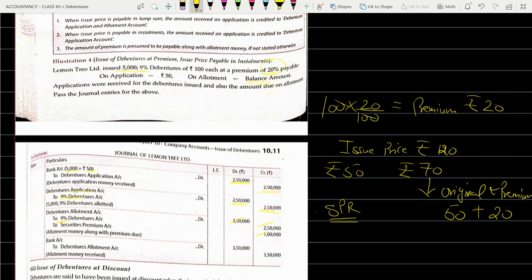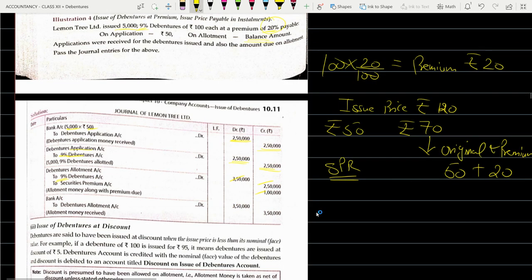Now you apply it on the number of debentures issued by the company. So 5,000 debentures into 50 will give you an amount. Similarly, the same 5,000 debentures into 20 rupees, that will give you an amount. So how much will be the amount in these two cases? 5,000 into 20, this will give you how much? 2 lakh, sorry, 1 lakh.